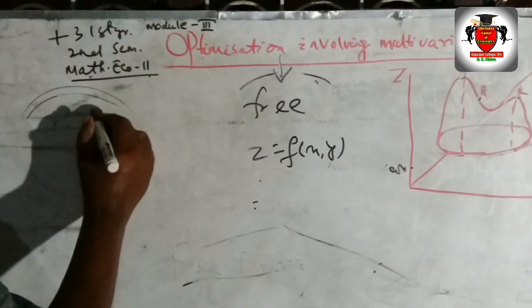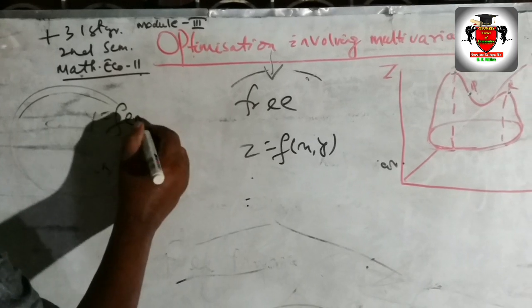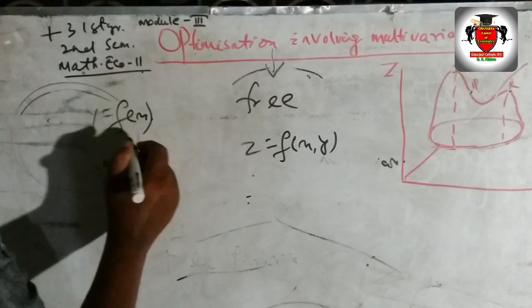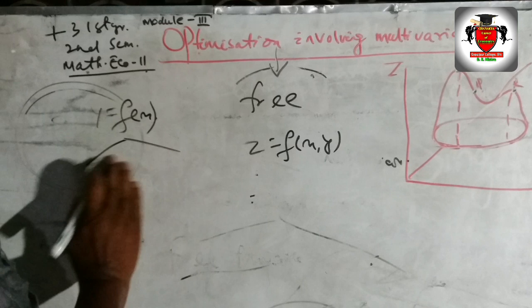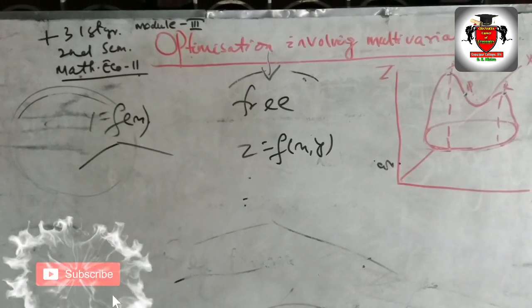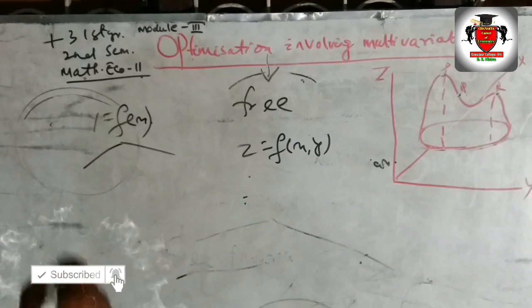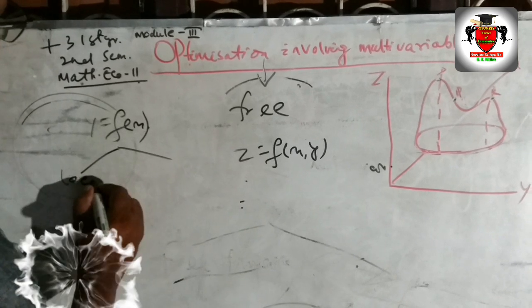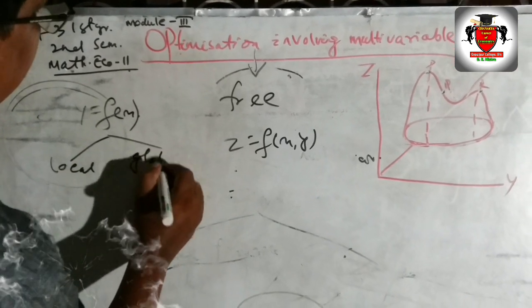We will explain what these points P, Q, R are. As we know, in the single variable case, y equal to function of x, we told that the maximum or minimum may be local as well as global.